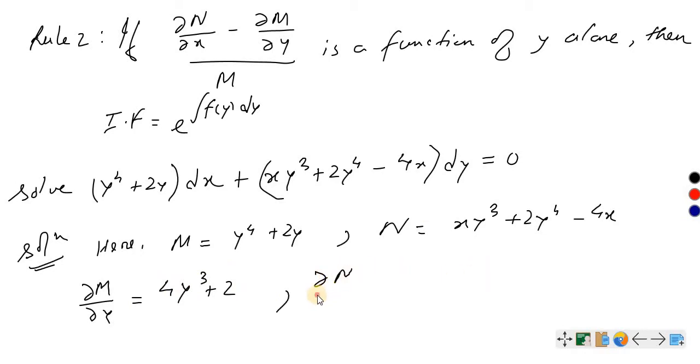Partial differentiation of N with respect to x is equal to y cube minus 4.